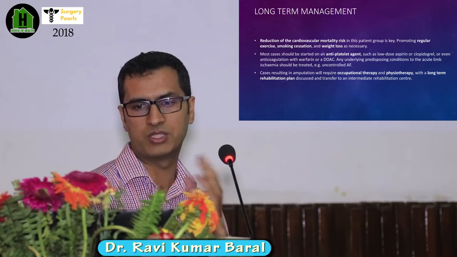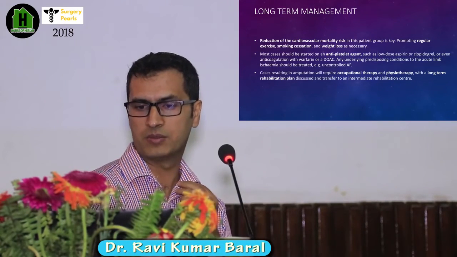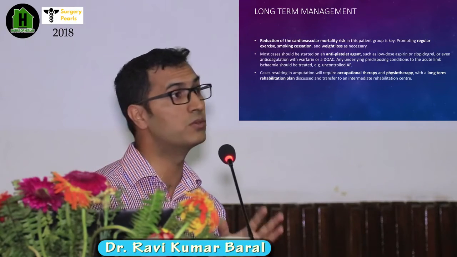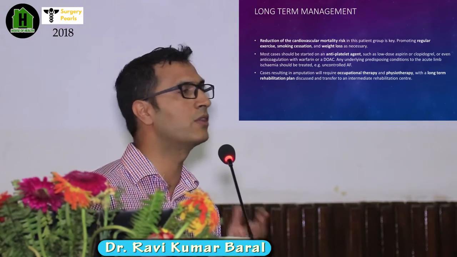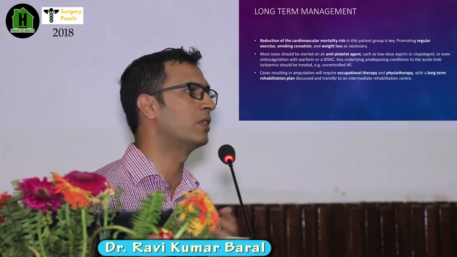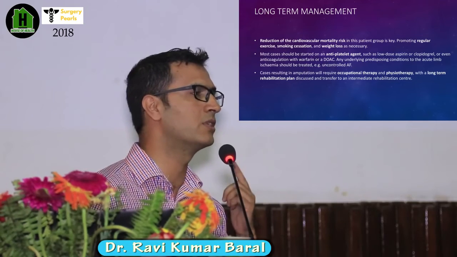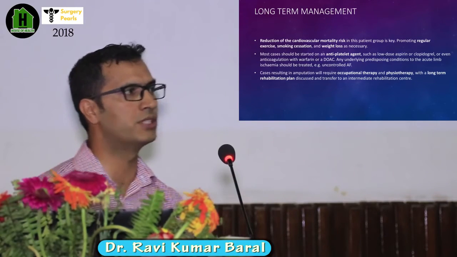Most cases should be started on antiplatelet agents for the long term, and cases requiring amputation would require thorough investigation for the cause and associated other reasons like coronary artery disease and cerebrovascular disease. These things should be considered and looked for in these patients.